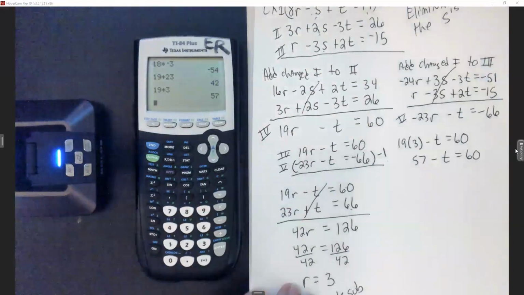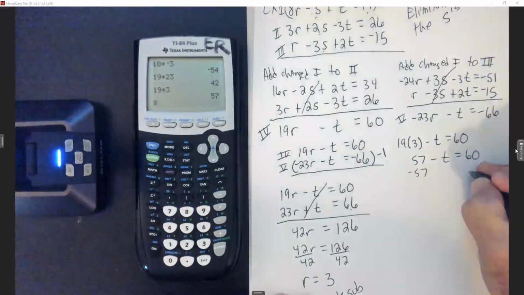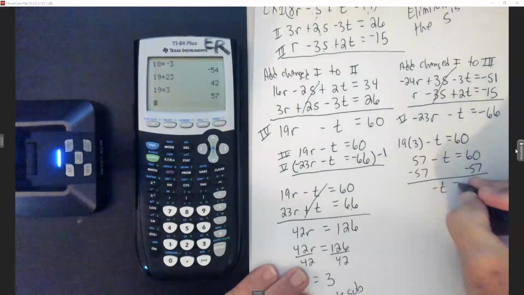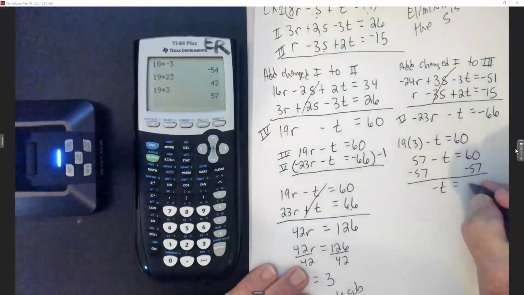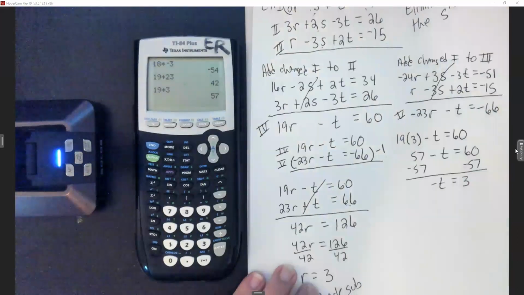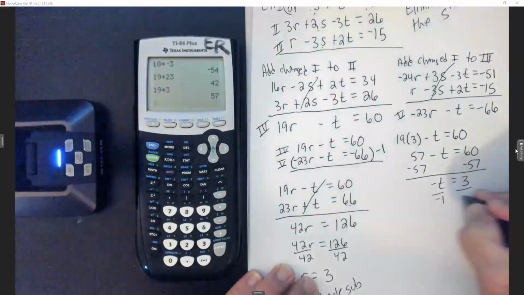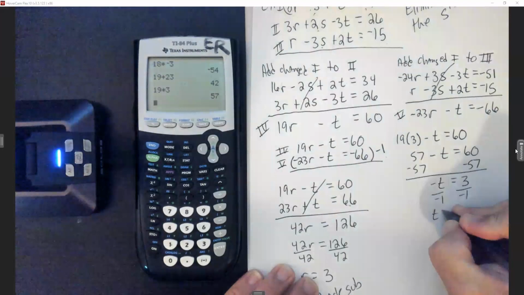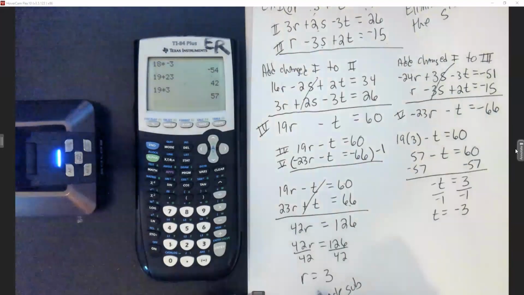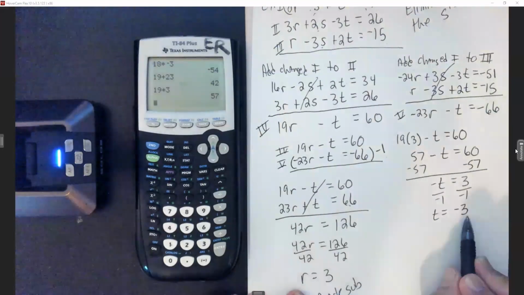So next we would probably subtract that 57. And y'all look at this, I got a negative t. That's going to be positive 3. But once again, we cannot leave the t negative, so divide both sides by negative 1 so that the t equals a negative 3. So r is a positive 3, t is a negative 3.